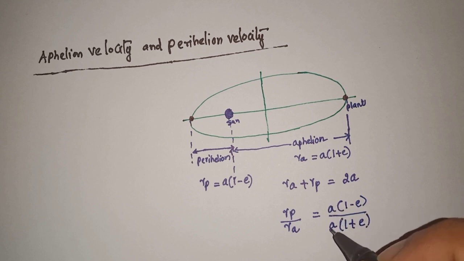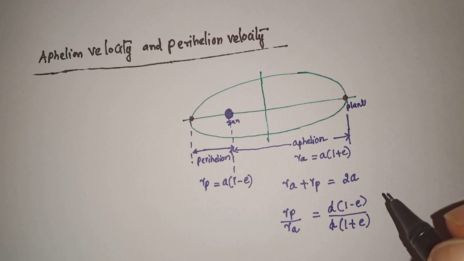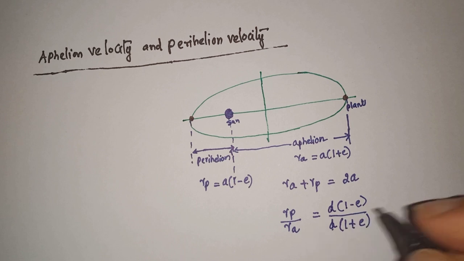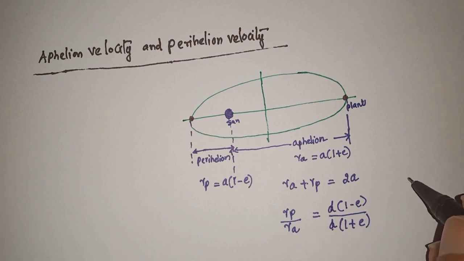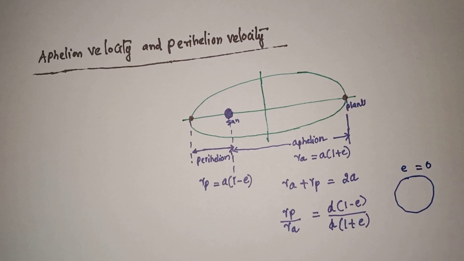Now a gets cancelled off. That is the difference actually. See, in elliptical and other conic profiles, you have the eccentricity term here, but eccentricity is absent in case of circular orbits. Now if you substitute e here, your rp is equal to ra. That means your profile is something like a circular profile, where e is going to be equal to 0.